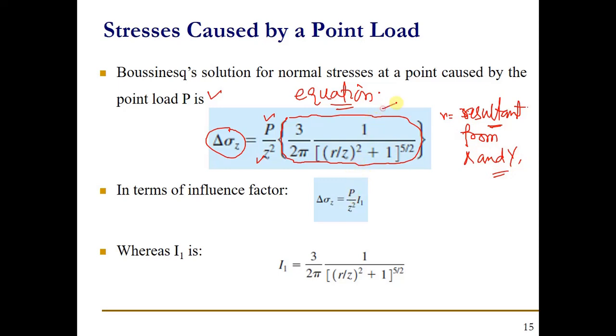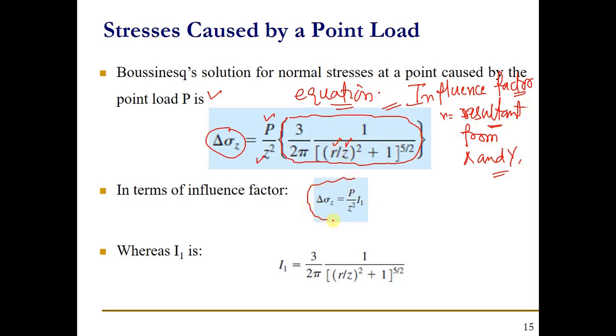We can also call that term the influence factor I, which is dependent upon the resultant r and the depth of that particular element or point.